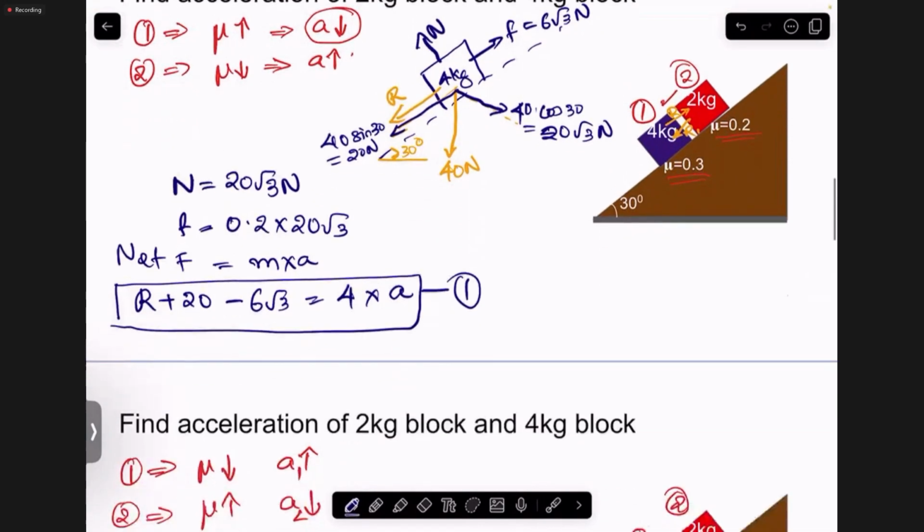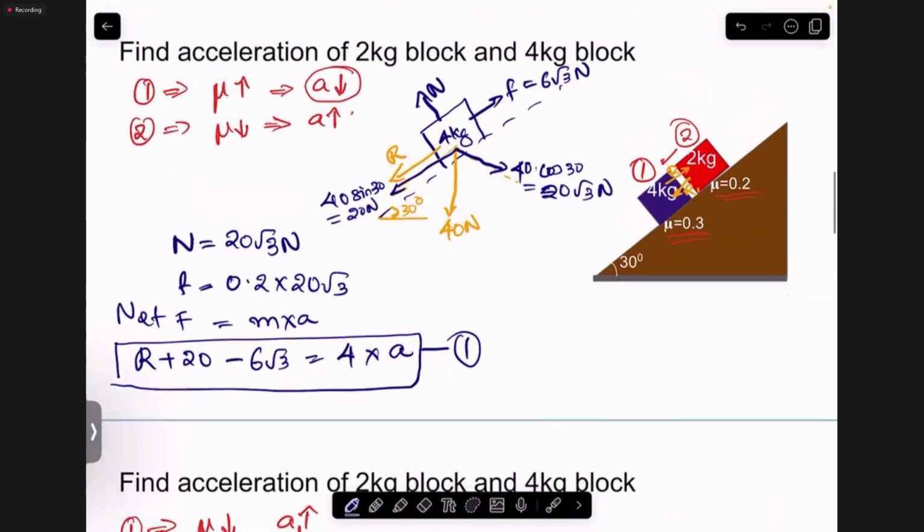Similarly, for the second block, we can again draw the free body diagram. So this will be the 2 kg block over here. This R is in the opposite direction. You can see after collision, the 4 kg block is exerting this R value over here.